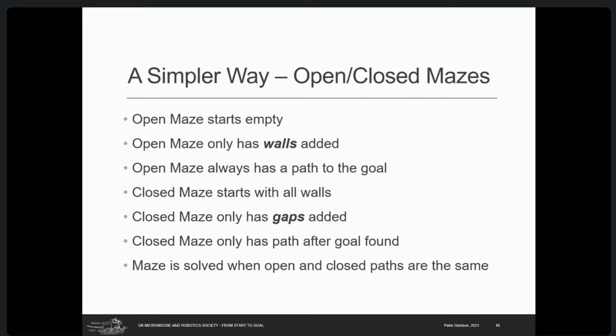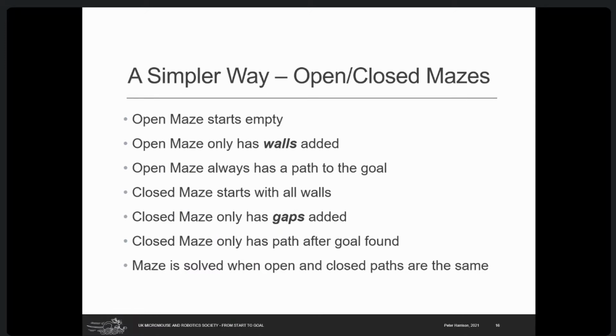When you finally get to the goal, you can use the closed maze to plot your path, because once the goal's been found, that closed maze is always safe to run. And this is a really, really important point, right? The open maze is optimistic and always unsafe until you've found an optimal route. But the closed maze is always safe to run through.